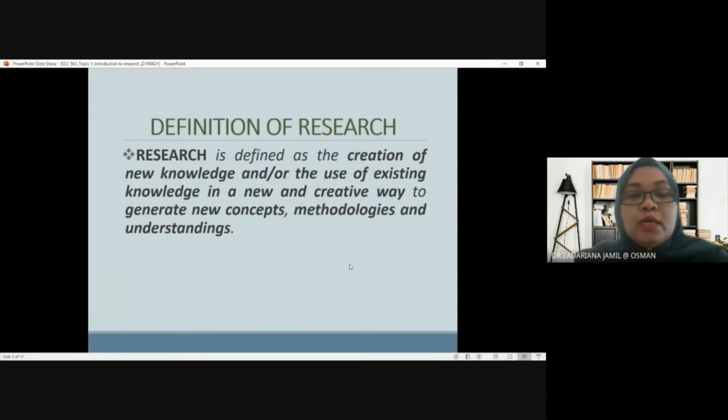Research is defined as the creation of new knowledge and/or the use of existing knowledge in a new and creative way to generate new concepts, methodologies, and understandings.